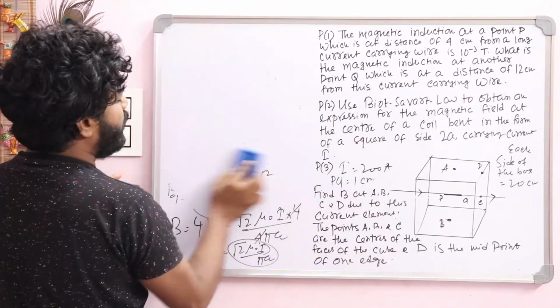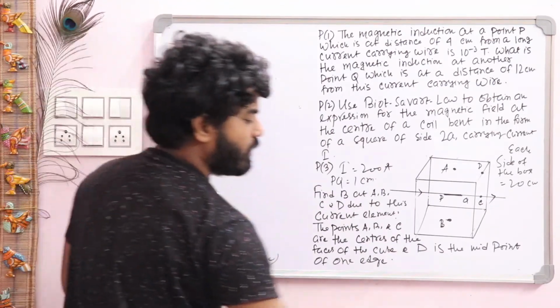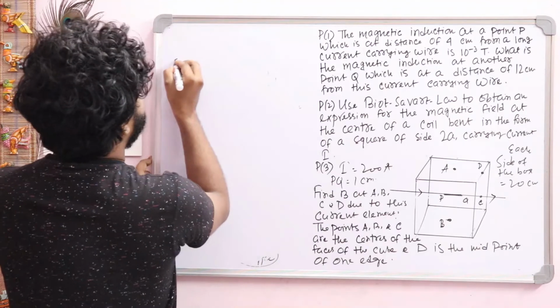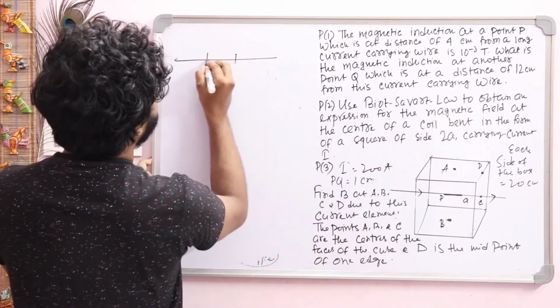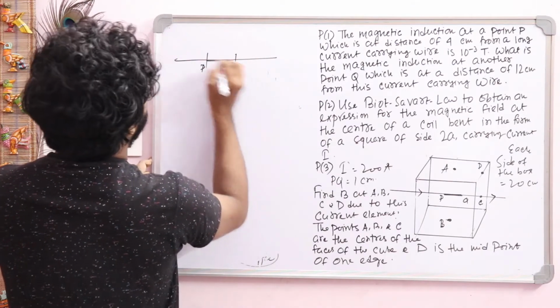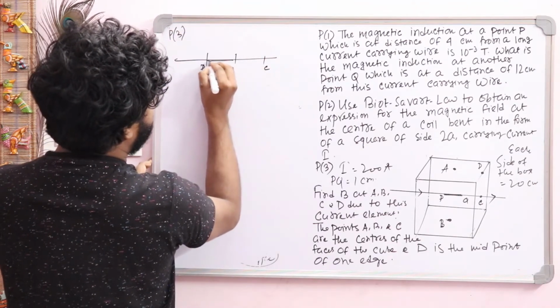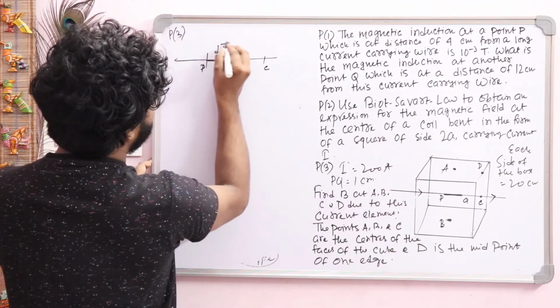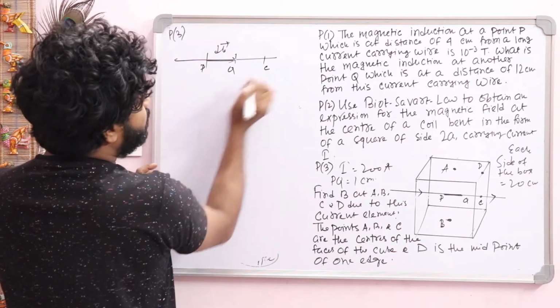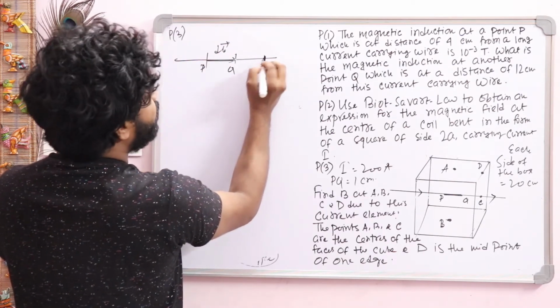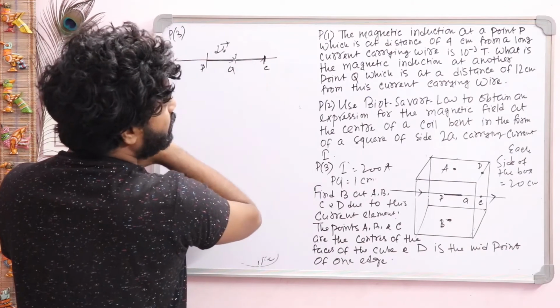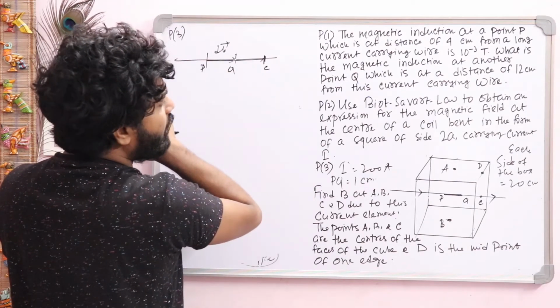So when you find out the magnetic field at point C, here you see this is PQ, problem 3, and this is point C. This PQ is the value of del L, the current element, and this is our observation point C. This is also a length, named R.